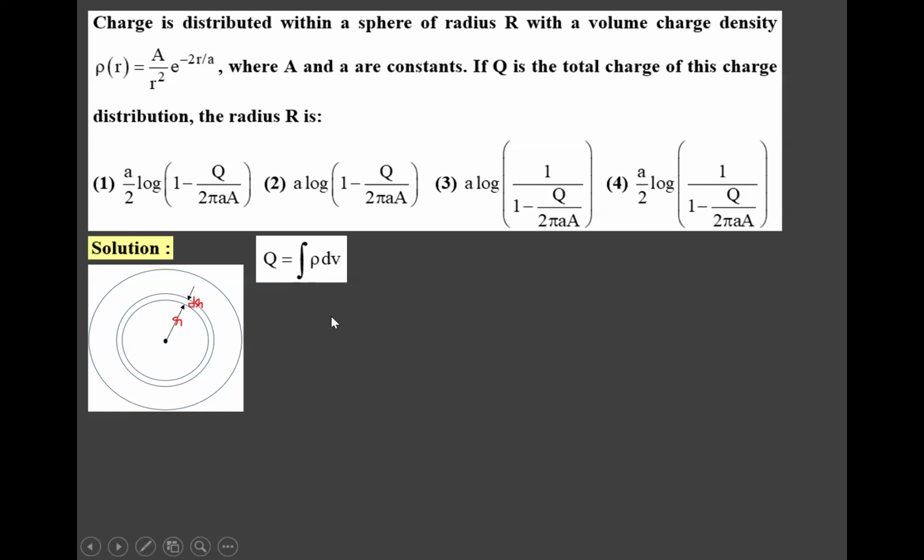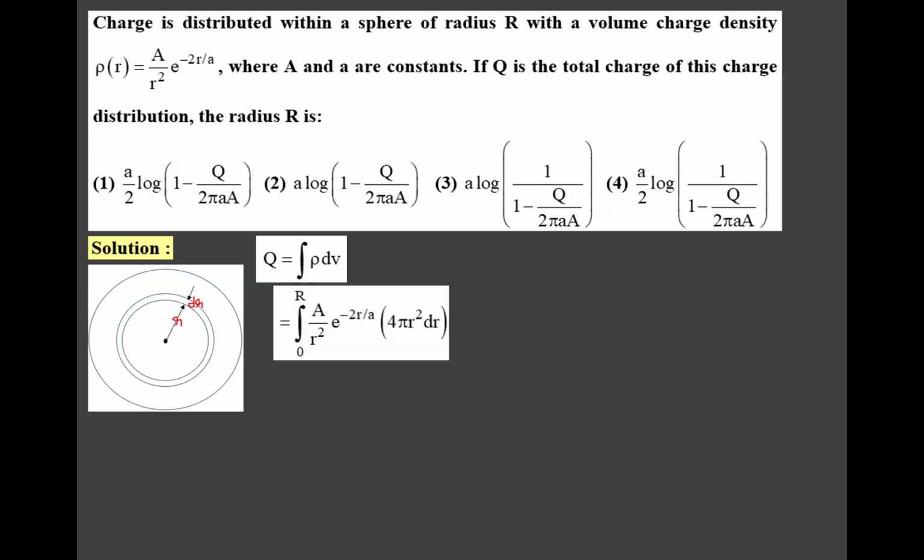Now, substitute the value of rho, that is A upon r square e raised to minus 2r by a. Integration that we have to carry out between limits 0 to R. And volume of this thin spherical shell, so area of the shell, that is 4 pi r square, into its thickness, that is dr.